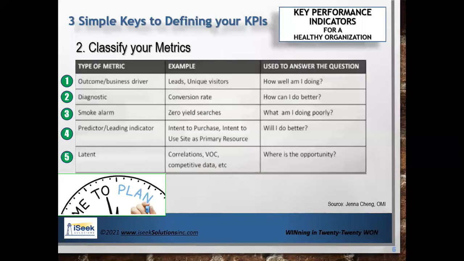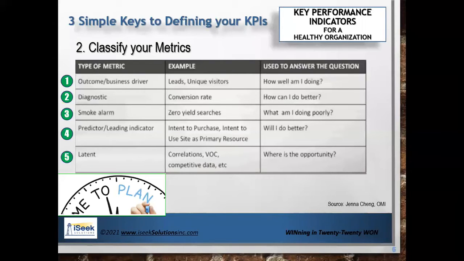What about number two? Number two asks the question, how can we do better? And the type of metric that addresses that question is a diagnostic metric. If you look at, for example, prospects who are not customers yet, and we talk about the example of a conversion rate, that means you have prospects who may be leads, who may be visitors to your portal.